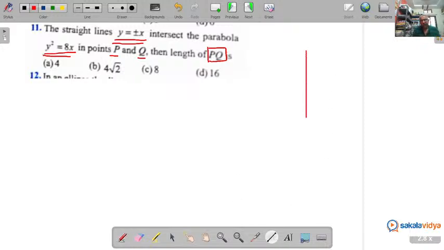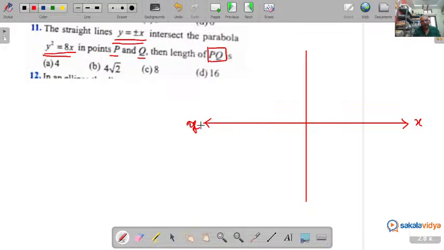First draw the coordinate axes: this is the x axis, x dash, y and y dash. This is the parabola, y squared equals 8x, that is 4ax form, so the vertex is the origin (0, 0).